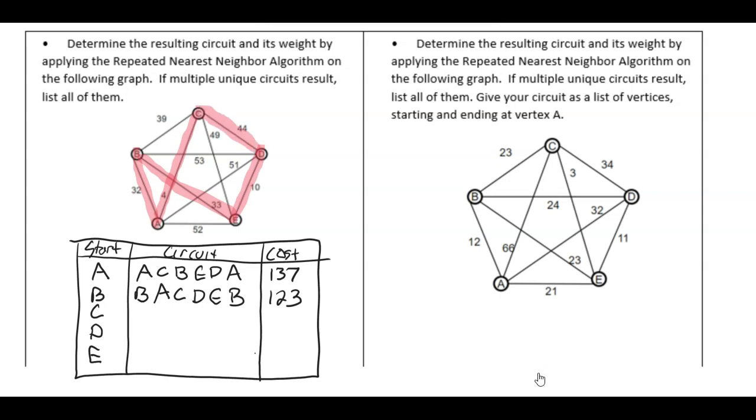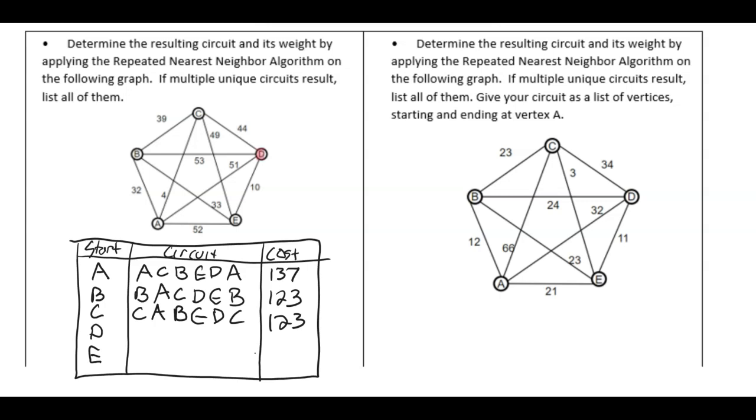You might recognize that that's the same picture we just drew. Even though the circuit itself looks different, CABDEB doesn't look like BACDEB, but it's actually the same picture. Interesting.